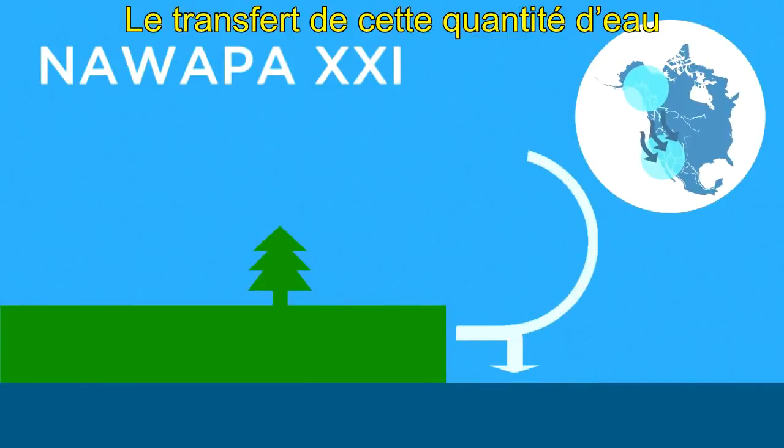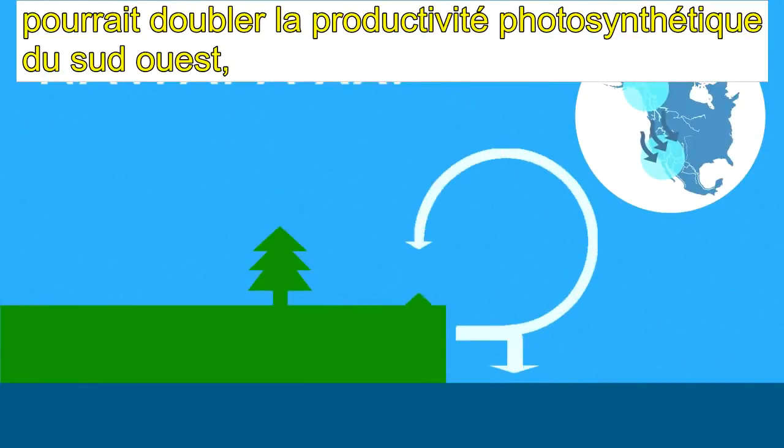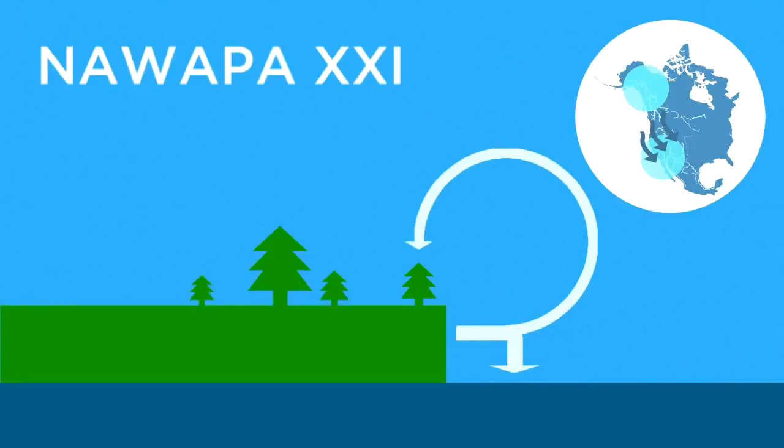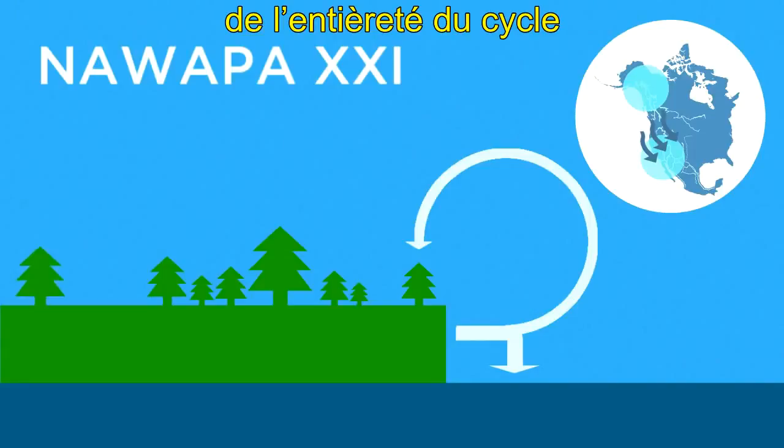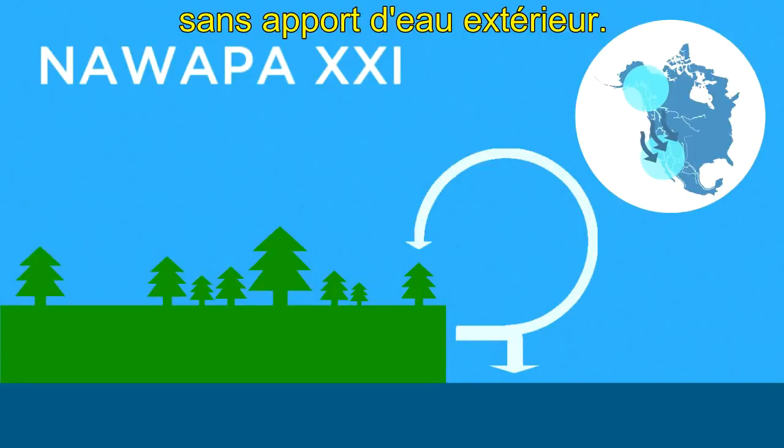The addition of this amount of water could double the photosynthetic productivity of the Southwest, increasing the productivity of the entire cycle without changing the net volume of its flow.